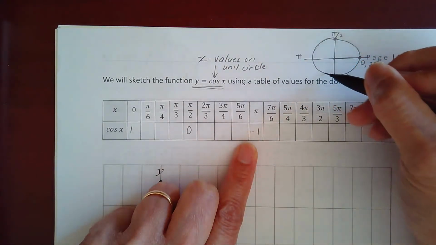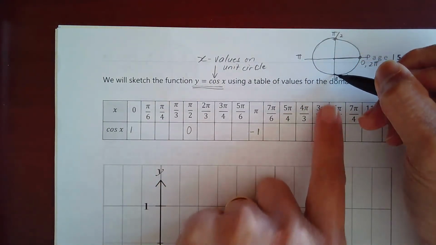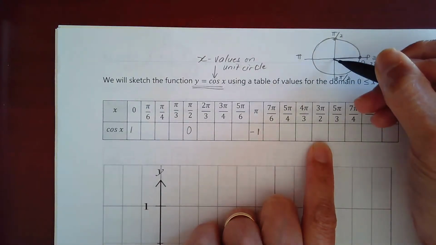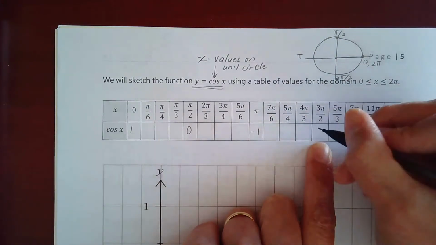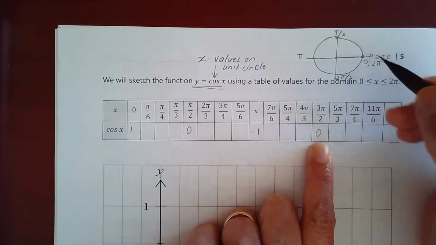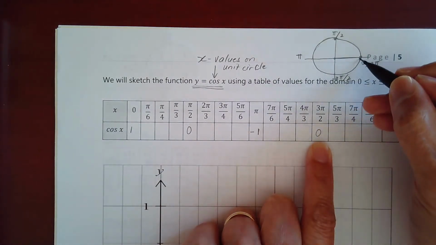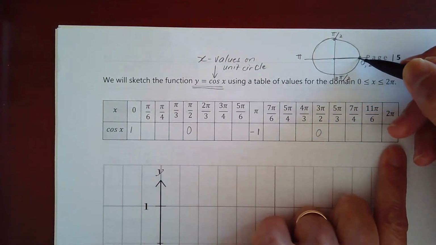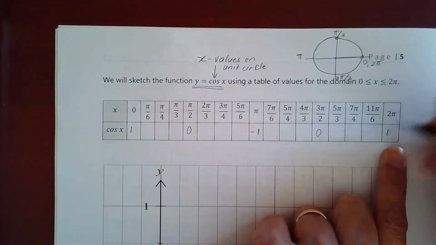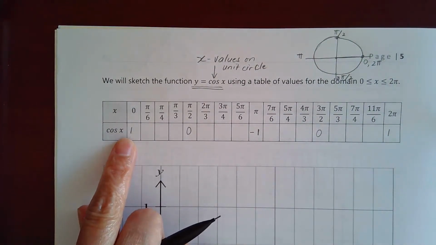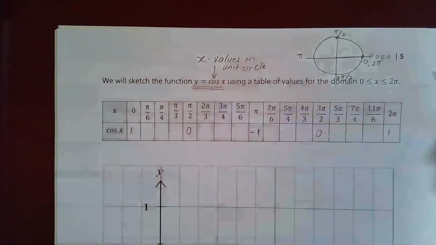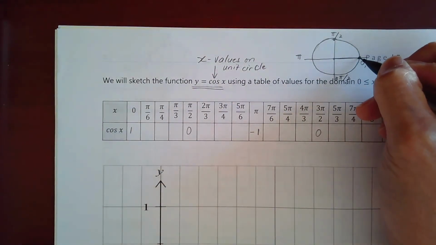Then rotating around, 3 pi halves: what's the x coordinate there? It's 0. And going back to this one in here, the x coordinate is 1. So we start at 1.